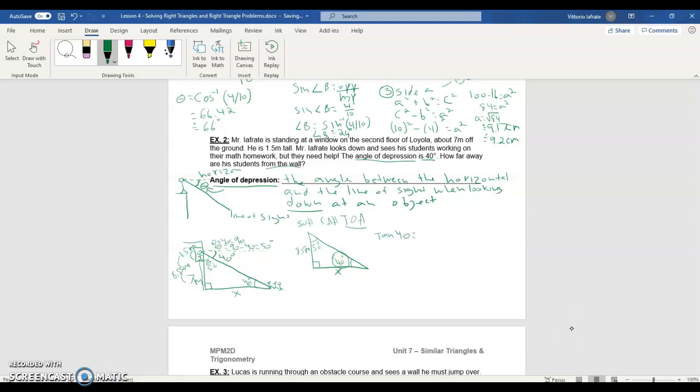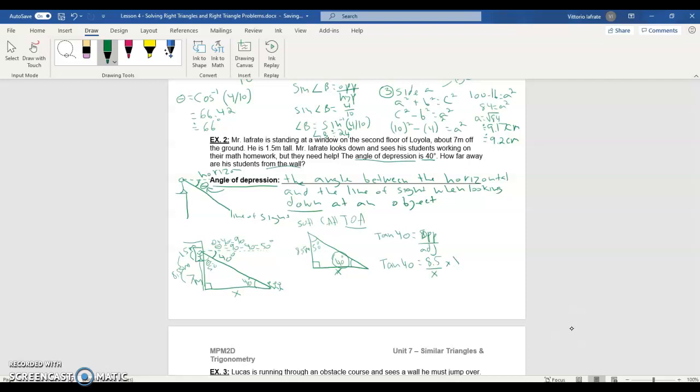is equal to the opposite over the adjacent. Let's write down first opposite over adjacent, just so we can set it up. So tan of 40 is equal to 8.5 over x.